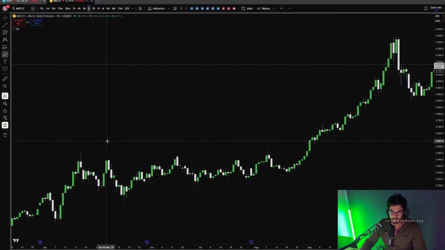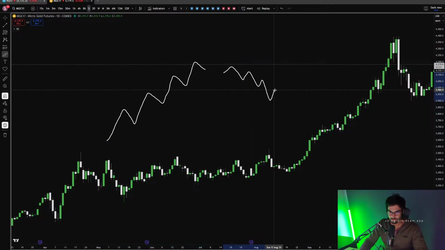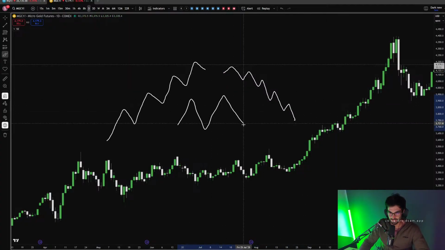Number one thing to follow: higher highs, higher lows means trending market. Lower highs, lower lows means trending market to the downside. Then we have ranging markets. What is in between these two conditions? The level of retracement from every move.